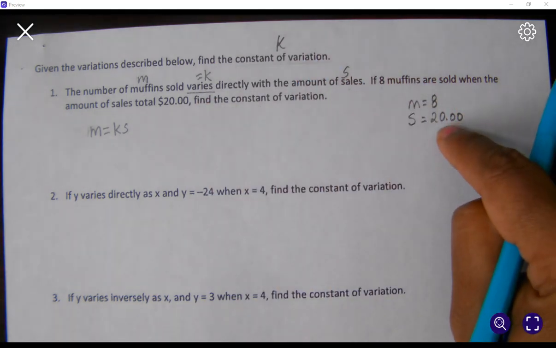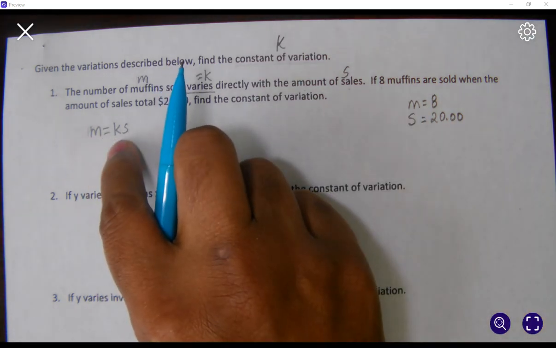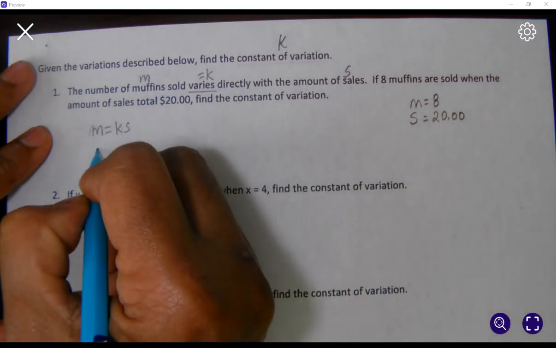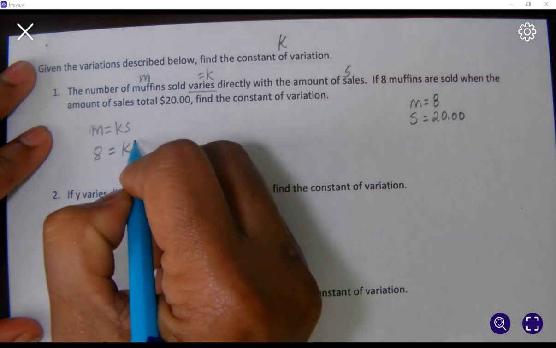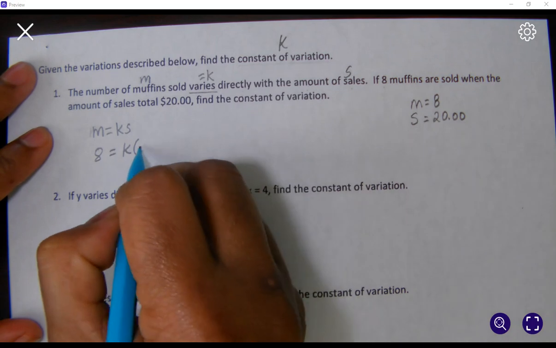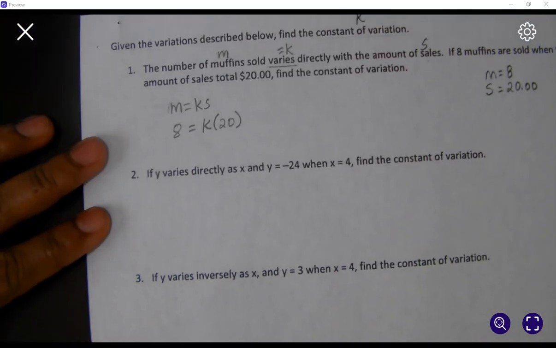We're going to plug these numbers in here and solve for k. M is equal to 8 muffins, so 8 equals k times S. My sales is $20, so I'm going to put 20 right there. Now we solve for k.